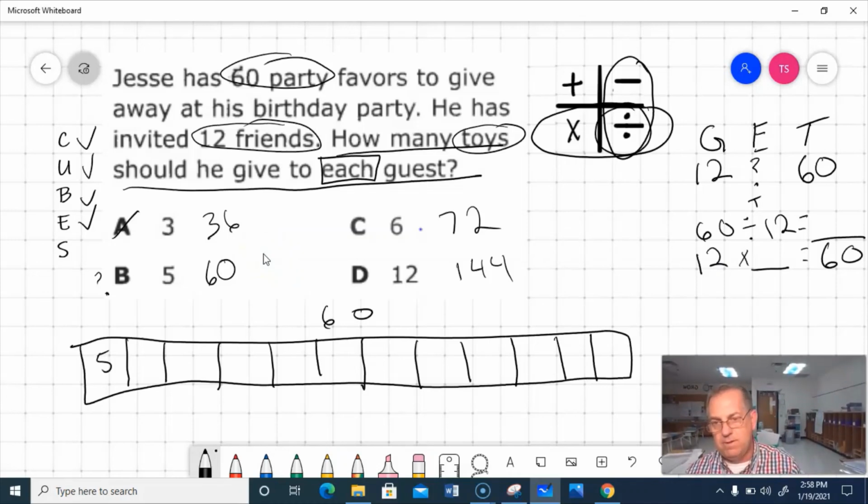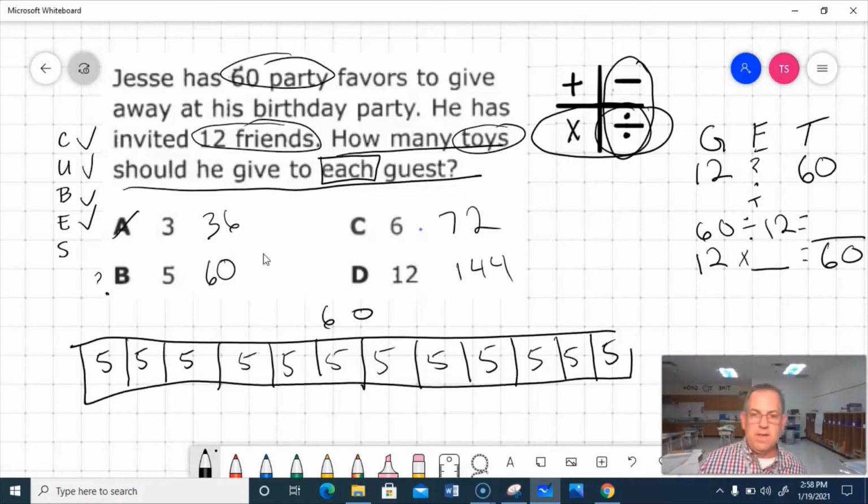So that'd be 5, 10, 15, 20, 25, 30, 35, 40, 45, 50, 55, and 60. And that does work. There is 5 in each group, so the correct answer on this one is 5. You will give 5 party favors to each friend.